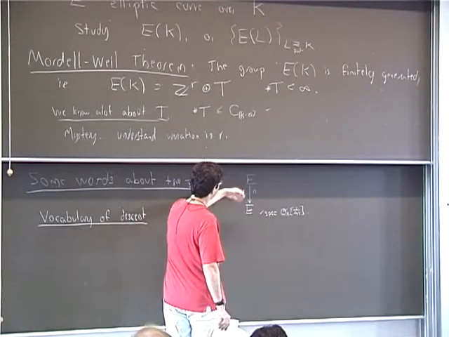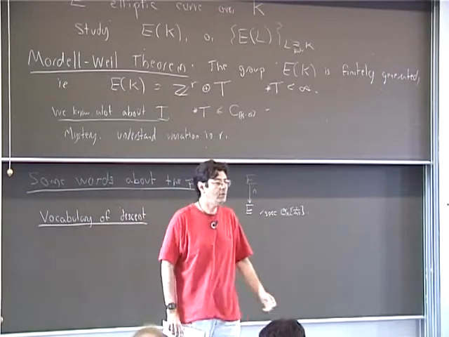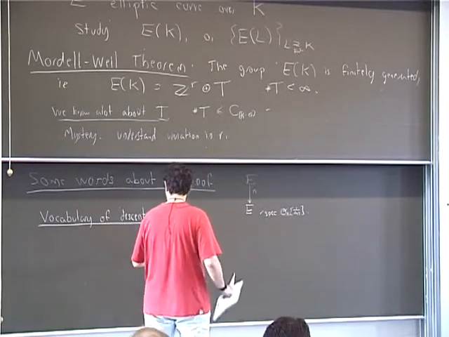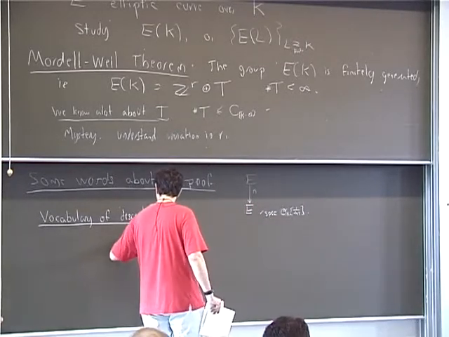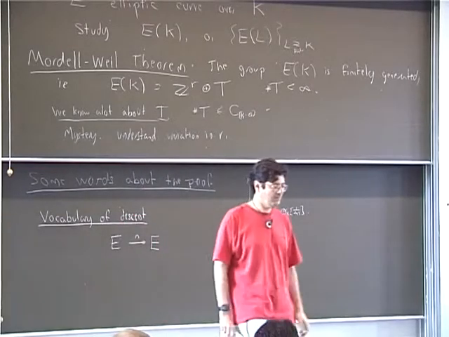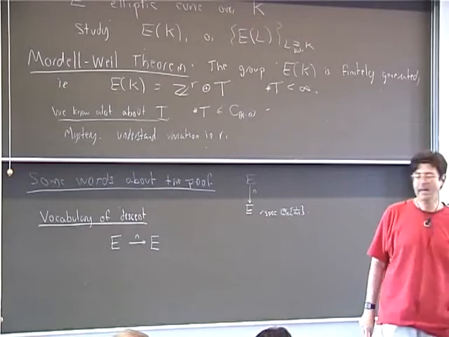The way one phrases this argument in modern language is to consider the so-called Kummer exact sequence, the multiplication by n map on the elliptic curve, which as a morphism of algebraic curves is surjective.